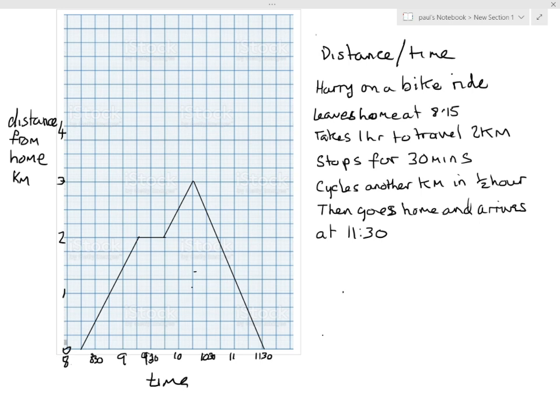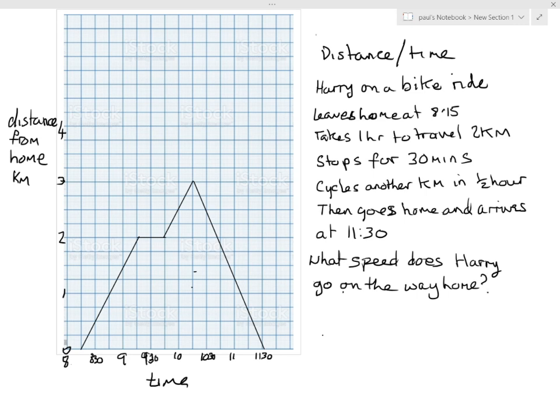Now they can ask an additional question just for fun. What speed does Harry go on the way home?